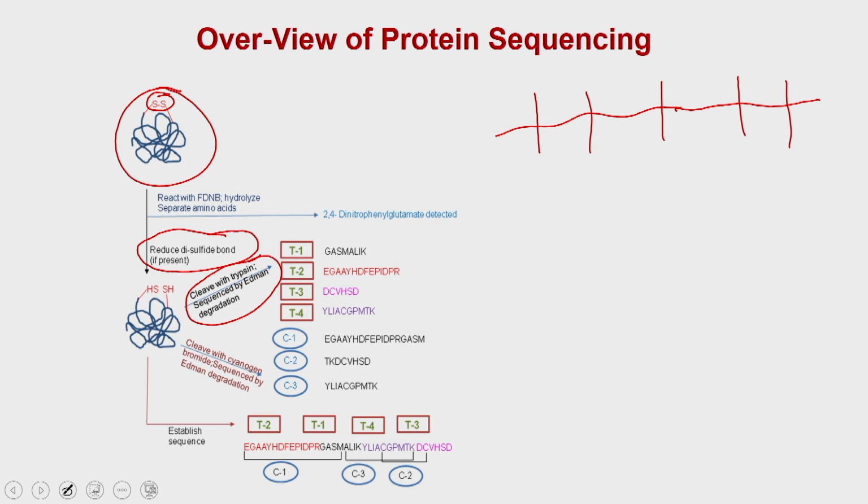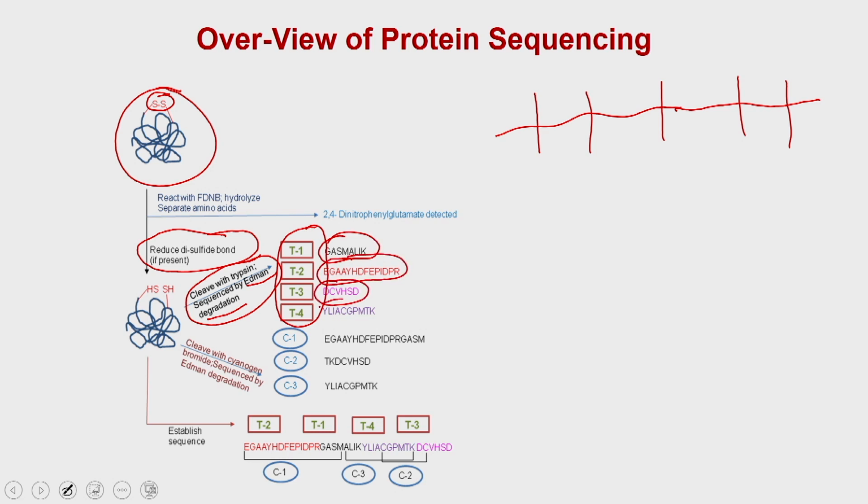Then you are going to have the option of doing sequencing, either by the Edman degradation method or this. Then you will do the sequencing, and that is going to give you the sequence of all these small fragments which you generate after the cleavage.